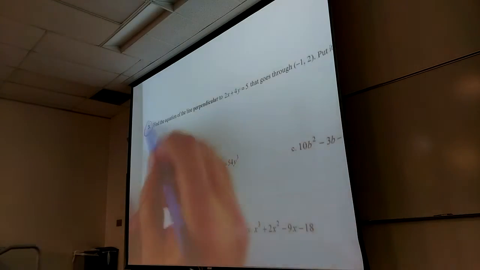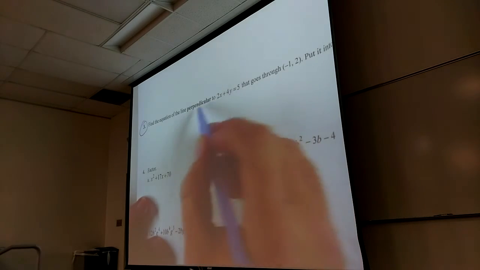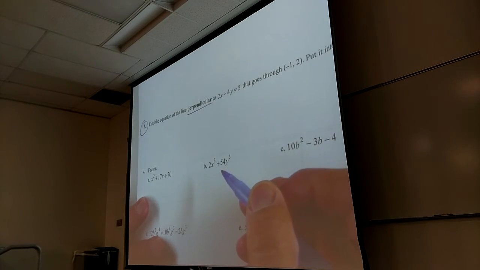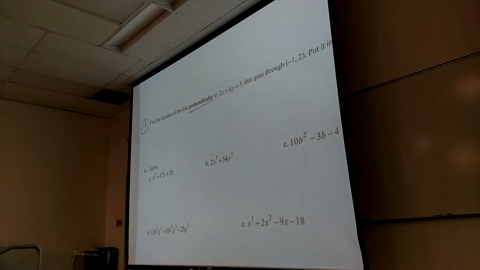This one is interesting. Number 3. Perpendicular. Who remembers what's true about perpendicular lines? They intersect at a 90-degree angle. What's more useful to know? Their slopes have to be completely opposite. What do I mean by that?